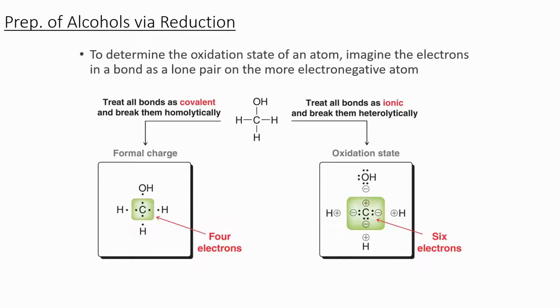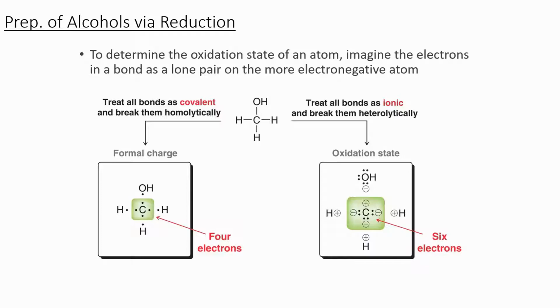So methanol, we have 3 hydrogens attached to carbon and 1 oxygen attached to the carbon. And so if we wanted to determine the oxidation state of this, we can compare it to its formal charge. So the formal charge, if we treat all of these as covalent bonds and break them homolytically, would be 4 electrons.